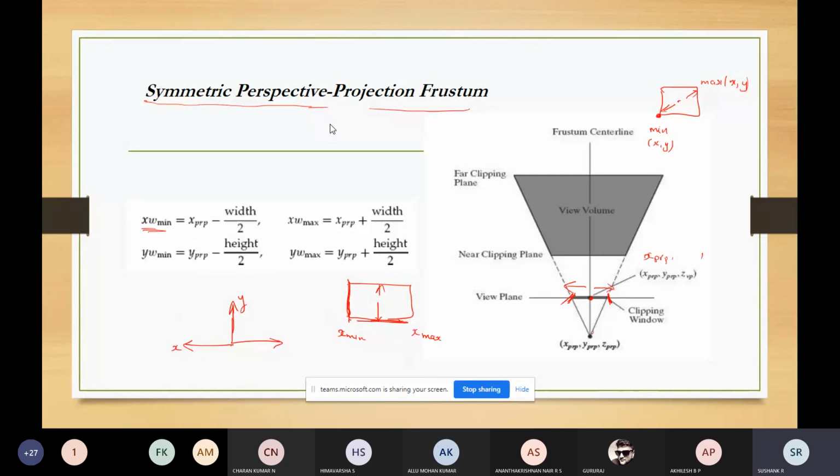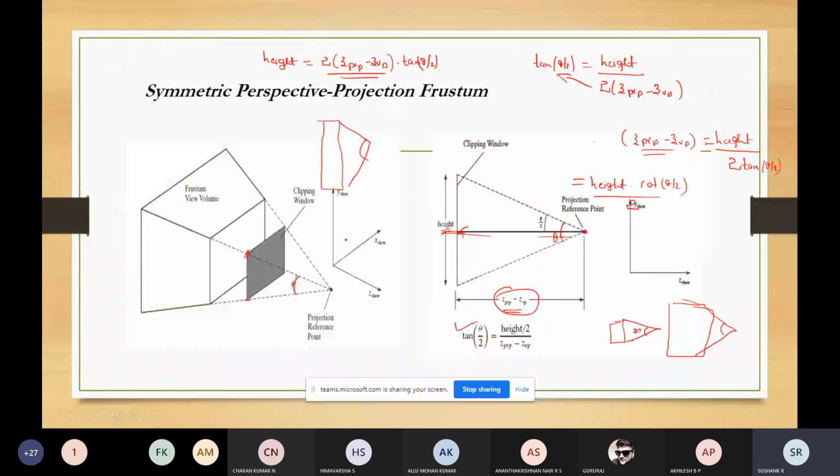So equations are there. If you remember this diagram, it is easy to remember. For the clipping window, you have to calculate four values, x window minimum and x window maximum, based on the width and height. Using this image itself, you can calculate the various factors like height, ZPRP, and tan theta, and represent each of them with equations.